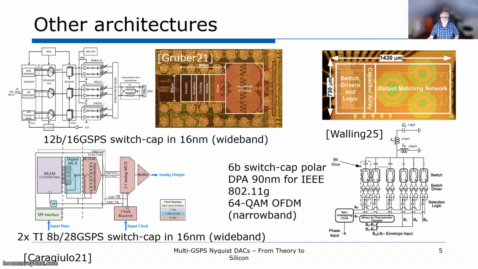For example, current steering DACs are often the best choice to linearly and efficiently drive a low impedance load with a wideband output. Unfortunately, voltage headroom is a serious challenge.